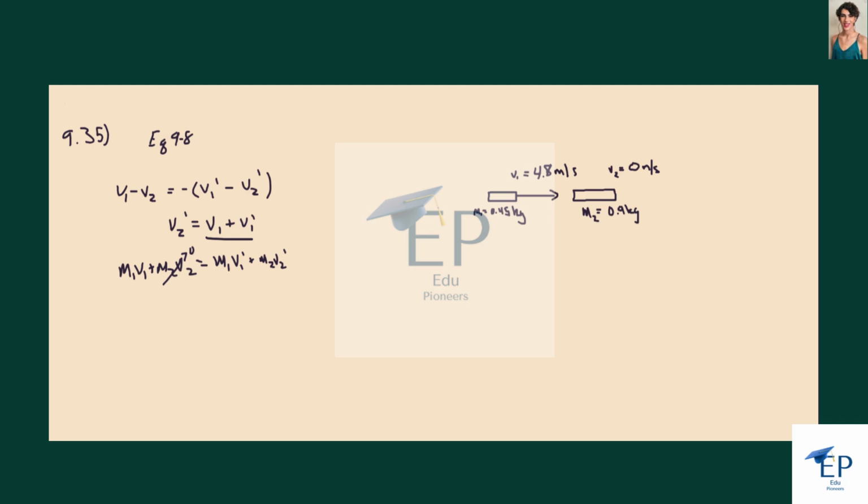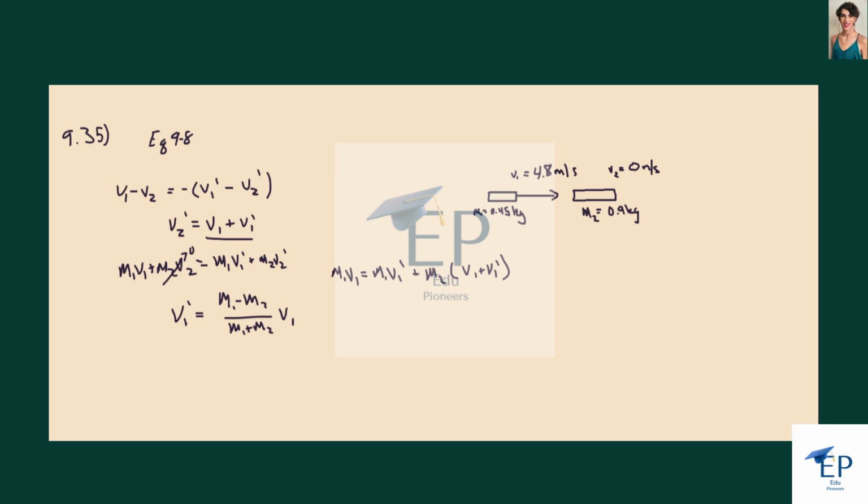So what we get then is m1 v1 equals m1 v1 prime plus m2 times (v1 plus v1 prime). Cool. So now let's rearrange this and solve for v1 prime. This turns out to be (m1 minus m2) over (m1 plus m2) times v1.